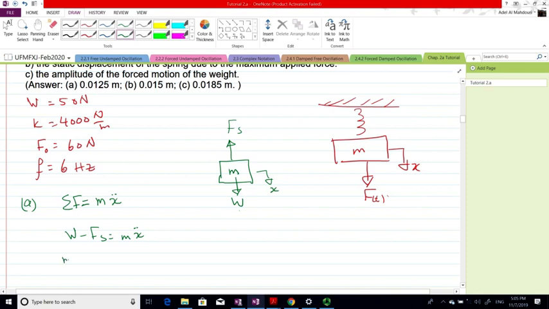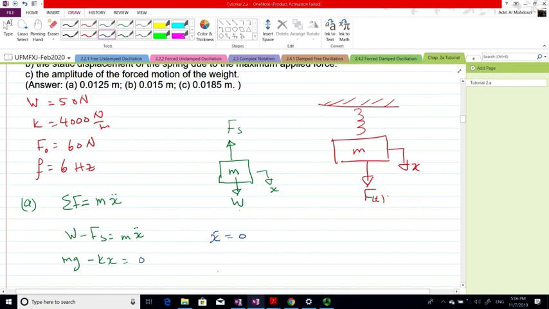Mass multiplied by gravitational acceleration, minus kx, which is the spring force, equal to mass multiplied by acceleration. If it's only by the weight, it's not oscillating, what will you get for the acceleration? 0. So acceleration is going to be equal to 0. Therefore, this one will be equal to 0.